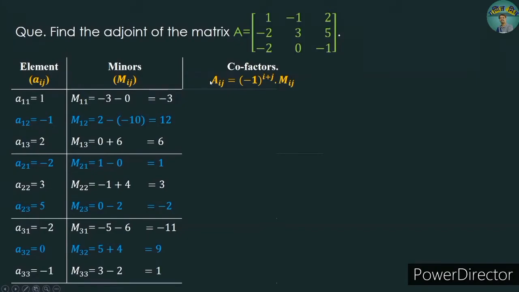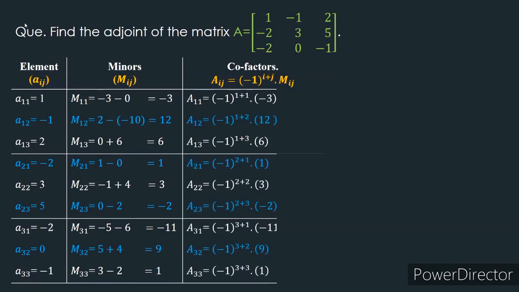Now let us calculate the respective cofactors. Initially, the cofactor A11 is equal to minus 1 raised to 1 plus 1 into this minus 3. Similarly, write down all the remaining formulae for each element by using minus 1 raised to i plus j into the respective minor Mij.